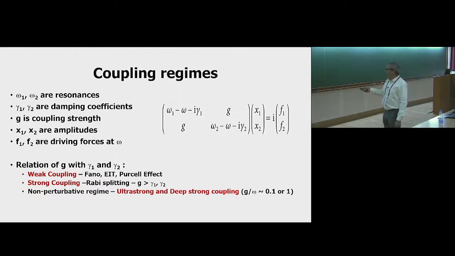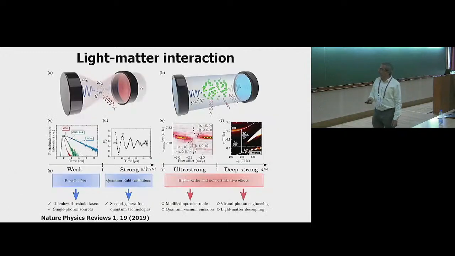Here, with the coupling constant g, we no longer talk in terms of the damping coefficients, but it is directly comparable to the frequency of the resonance, right? So the g by omega, if it is of the order of 0.1, is termed the ultra-strong coupling regime, and if g by omega is of the order of 1, it's deep strong coupling, right?